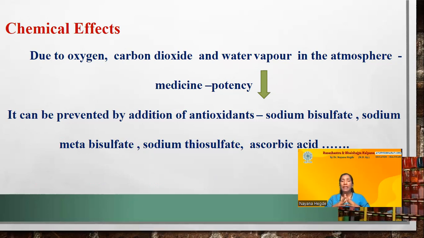It can be prevented by adding antioxidants like sodium bisulfate, sodium metabisulfate, sodium thiosulfate, and ascorbic acid. By adding the antioxidant, we can prevent the oxidization of the formulation so that we can preserve it for a longer duration.